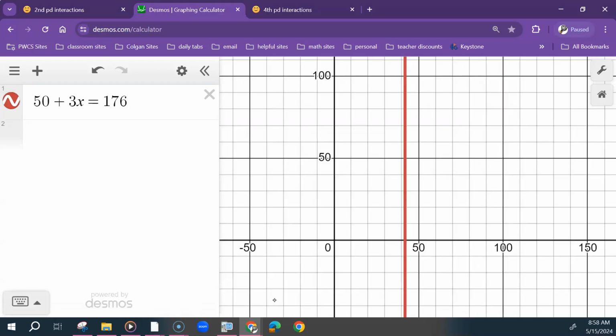You may have to zoom out. Once you type that in and zoom out, you should get a vertical line, x equals 42. So that would be 42 movies.